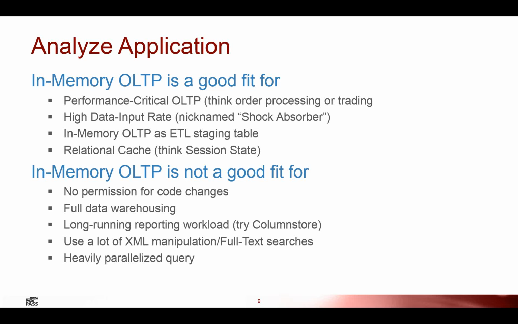So, for example, session state for a website, tracking the user's state through each web page. That's one example of these relational cache scenarios. So, if your application is 1 to 4, it is highly likely that your application can benefit from in-memory OLTP, but that doesn't exclude other possibilities.